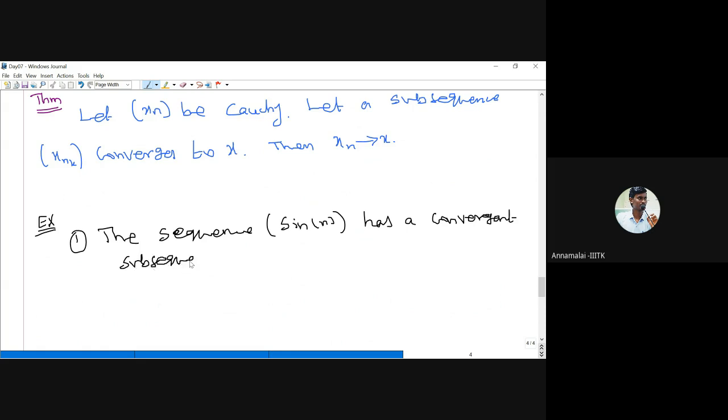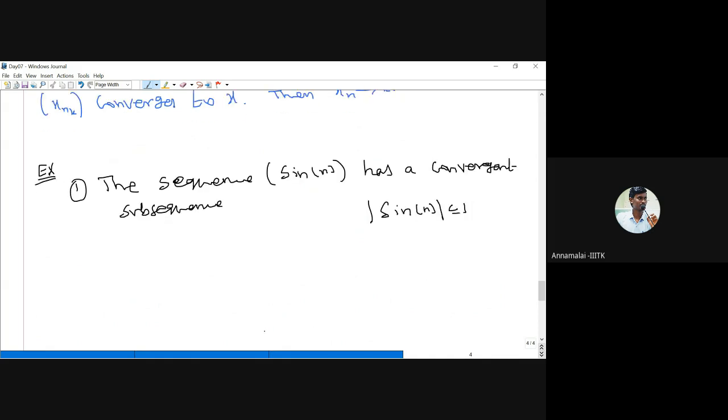Because of the Bolzano-Weierstrass theorem. Because sin is bounded. Sin of n is bounded by 1. Sin x is always bounded by 1, because the graph always oscillates between 1 and -1. So by the Bolzano-Weierstrass theorem, any bounded sequence has a convergent subsequence. Therefore sin n has a convergent subsequence, but sin n is divergent. But we have a subsequence which converges.